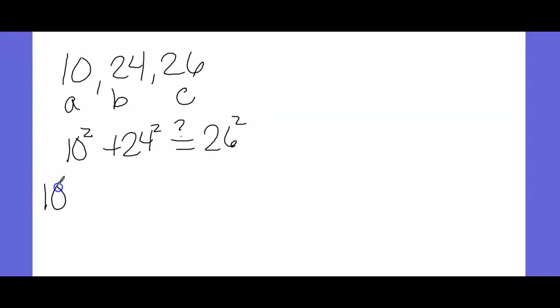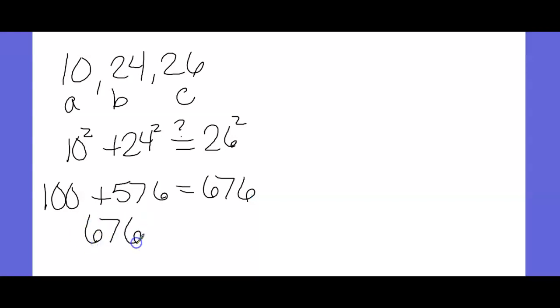What's 24 squared? 576. And what's 26 squared? 676. You can use your calculator. 100 plus 576 is 676. So does 676 equal 676? Yes. Therefore it is a right triangle.